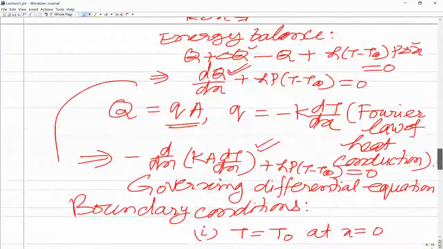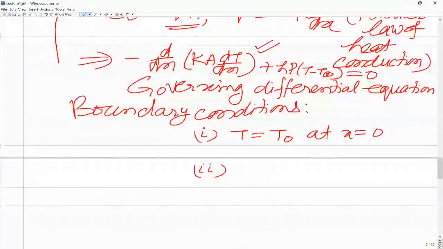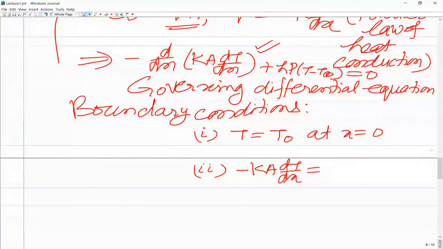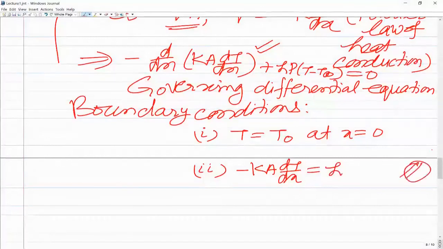Because of the convection, there is a heat transfer on the right hand side. So the heat flow from the body is going to be minus kA into dT by dx. Minus k into dT by dx is the heat flow per unit area, and into area would be the total heat flow, and this must be equal to the heat lost due to convection. So heat loss due to convection would be h into A, where A is the cross sectional area, because the convection is over this area.